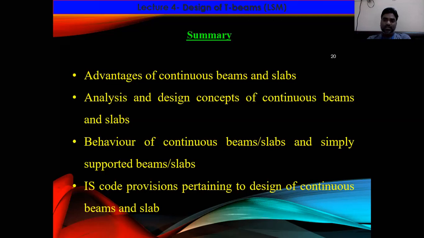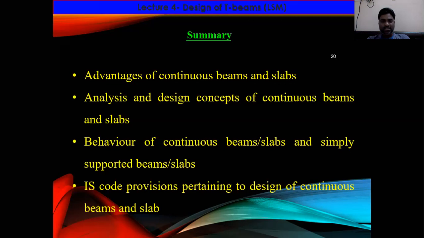And later, we discussed the analysis and design concepts of continuous beams and slabs. That means whatever method is proposed by IS 456, and how far this method is applicable for different cases, and how the load is distributed in continuous beams.